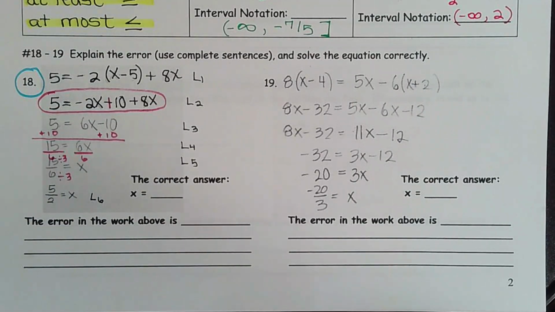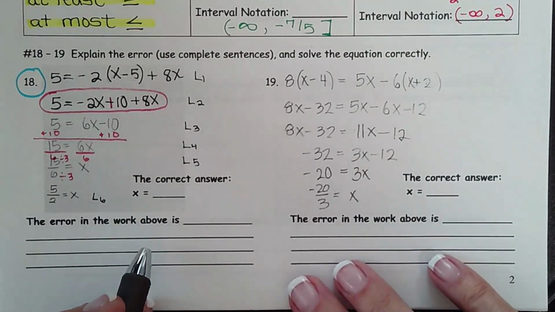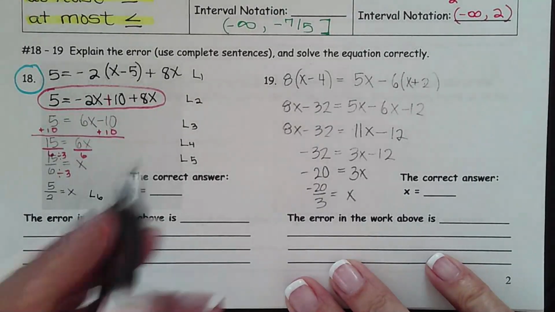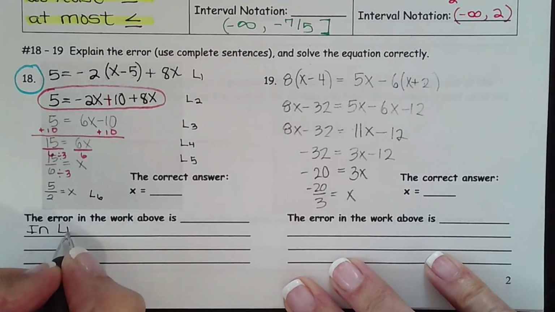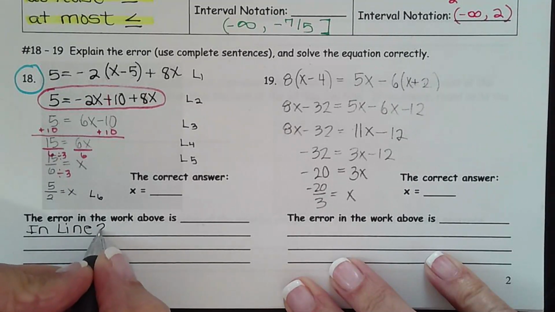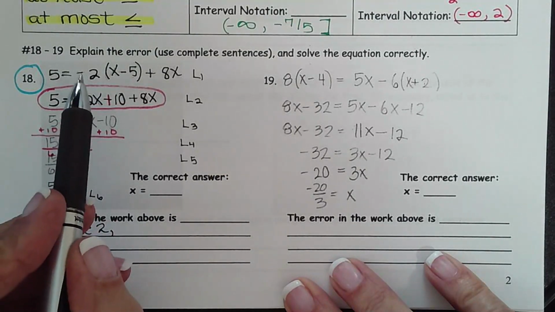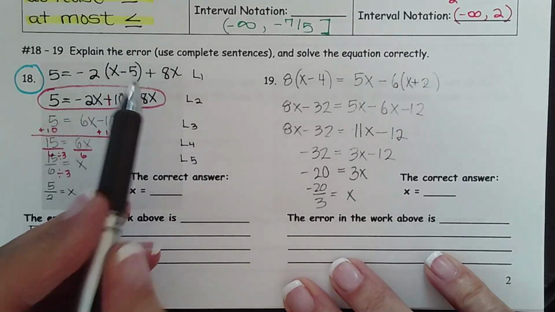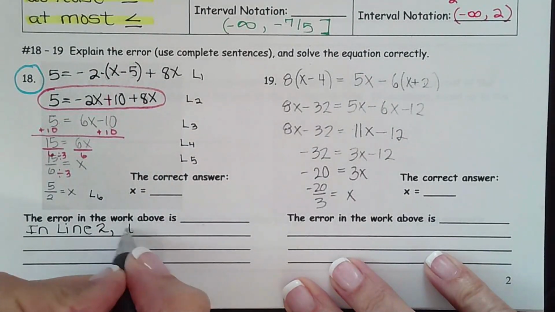So let's go ahead and write down that error, and then we'll go back to working it. So the error in the work above. In line 2, the student distributed -2 times -5, and remember this is called distributive property.